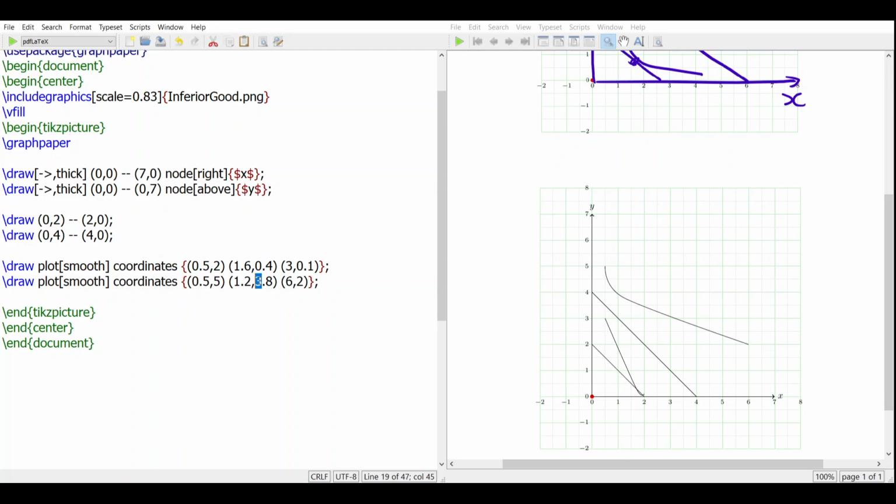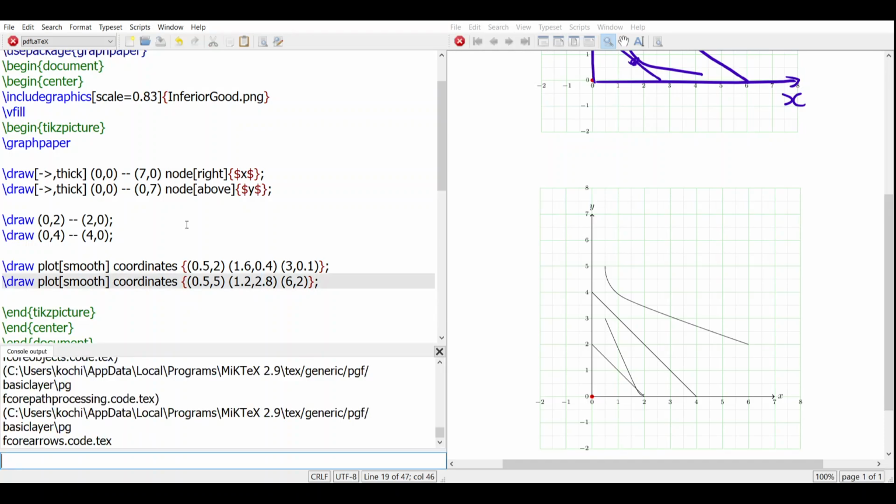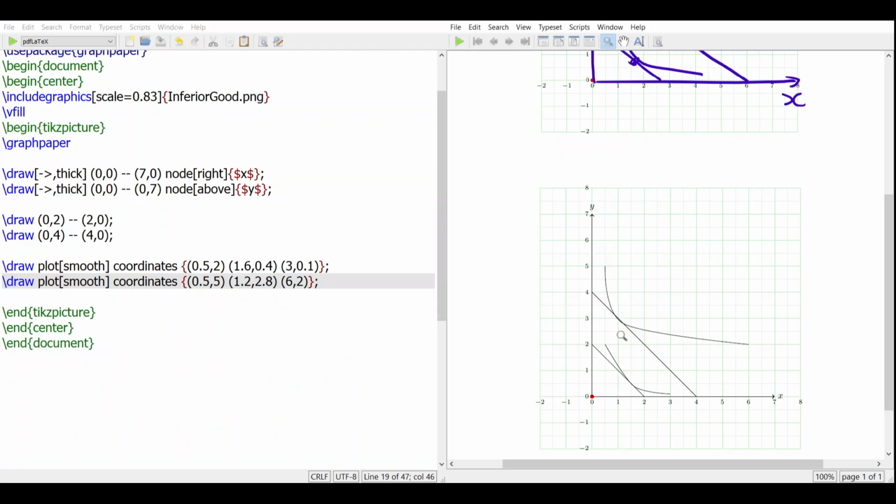We need to have some trial and error, so it's not that straightforward if you use pgf coordinates. Okay, and then it looks like an okay one, but this one doesn't look very good, so let's adjust this one a little bit further, say 3.